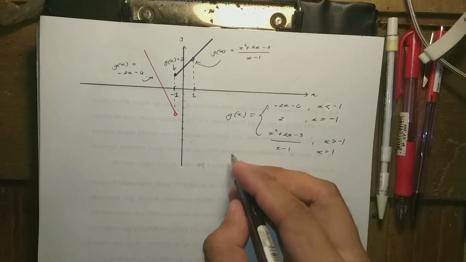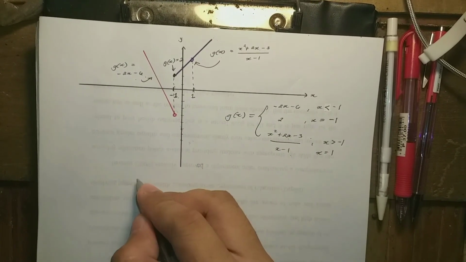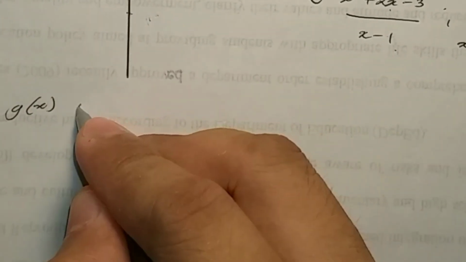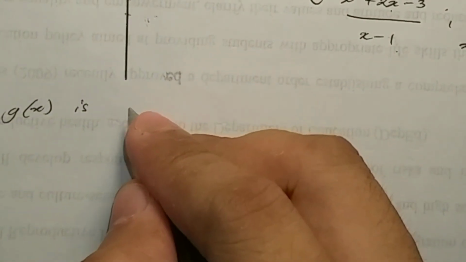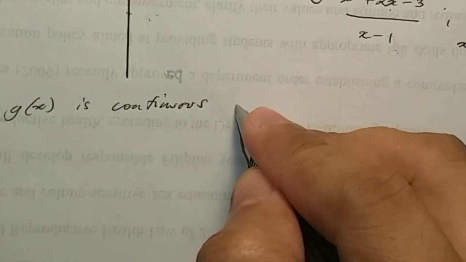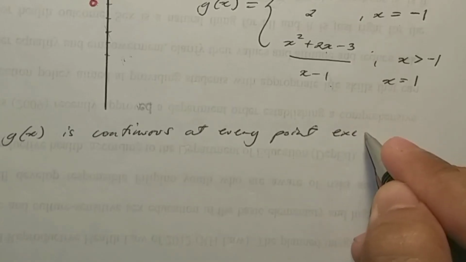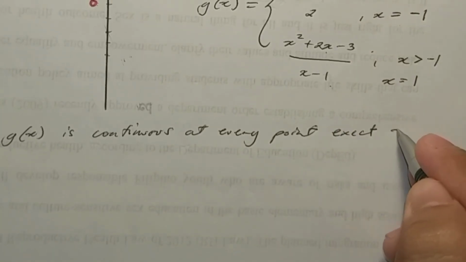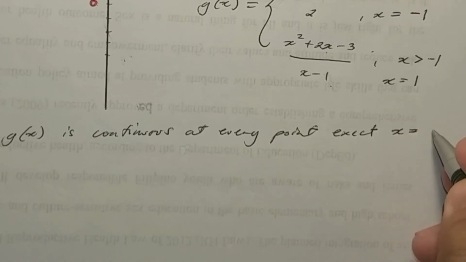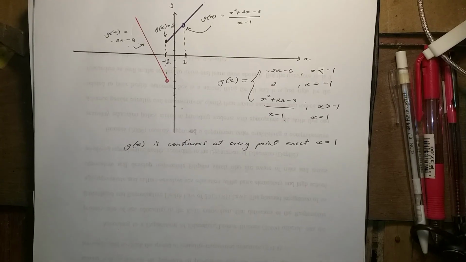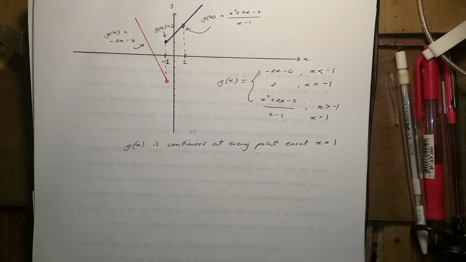So we can say that g of x is continuous at every point except x equals 1.